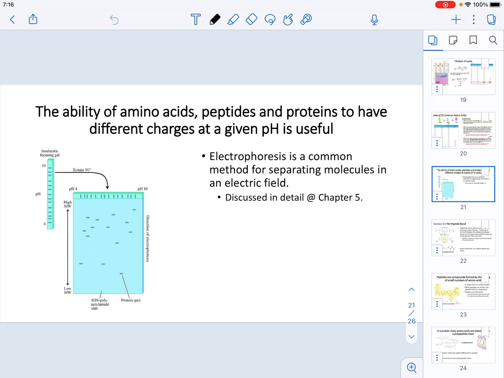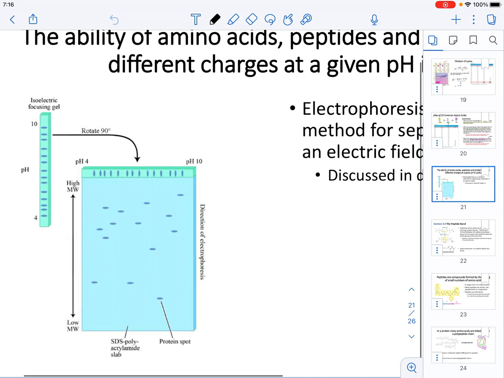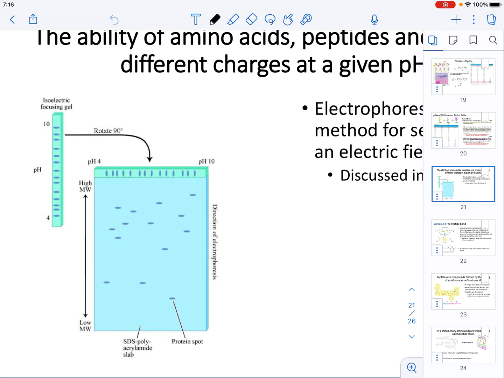In this isoelectric focusing gel, what we can see in the image on the left side of the slide is that we are going to have a sample of proteins that is loaded onto a gel, and because we have different pHs present in that gel, then depending on the isoelectric point for the sample that you have, it could be amino acids by themselves, it could be peptides, or it could be proteins, they are going to be separated.